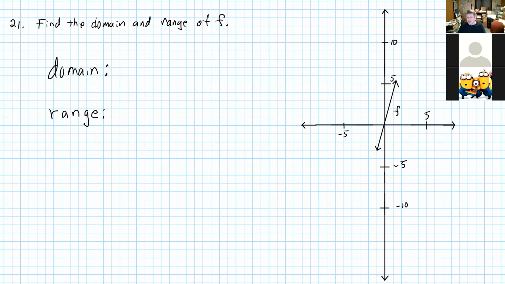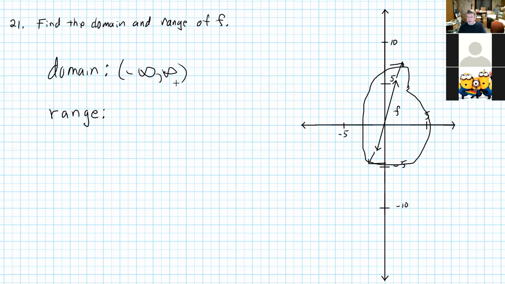Now this graph has arrows going here and here. So it goes on and on forever. So if we took every ordered pair on that line and looked at the X values, do you see that we would have all real numbers? Yes.